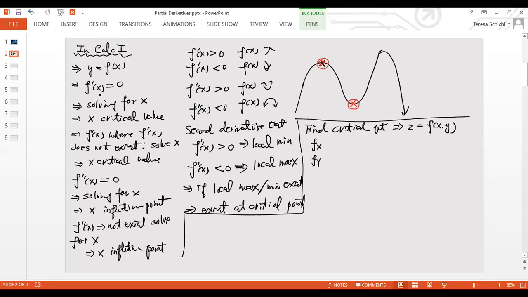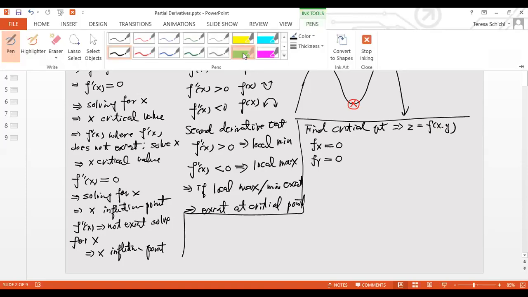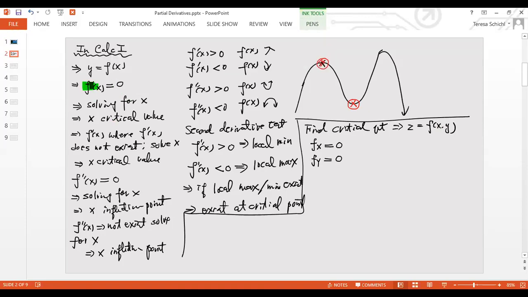So it's just like in Calc 1, where we said the first derivative equals 0. So I will set f of x equal to 0 and f of y equal to 0. Now we can find the critical points. And in Calc 1, when we find the critical points, we set the derivative equal to 0, or f prime of x does not exist.